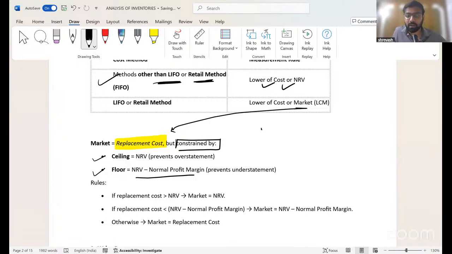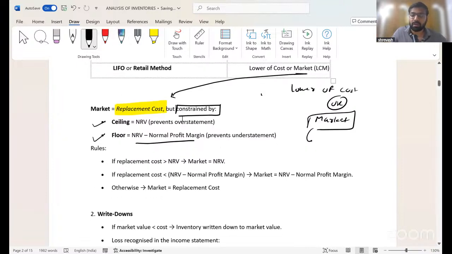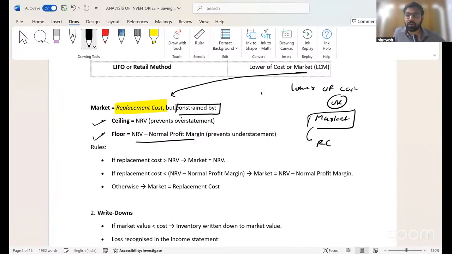Sir, basically, what are you trying to tell us? In case of LIFO retail sales method, in case of US GAAP, inventory is valued at lower of cost or market. Sir, what exactly is market? Market is equal to replacement cost. But the maximum the replacement cost can be is NRV, and the minimum it can be is NRV minus normal profit margin.